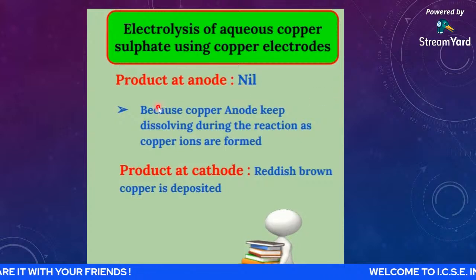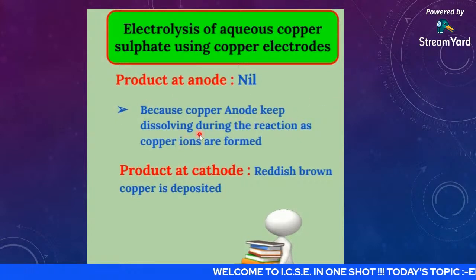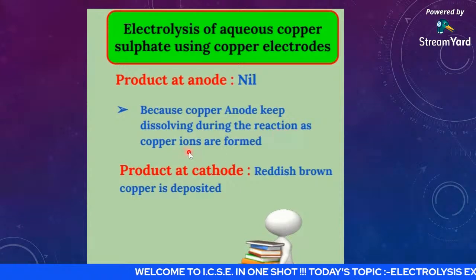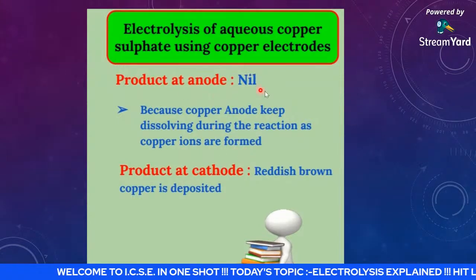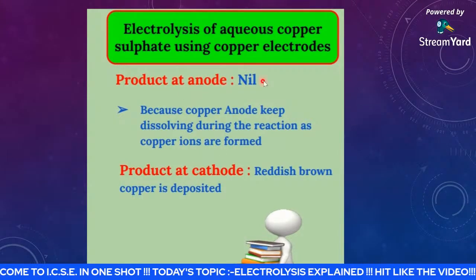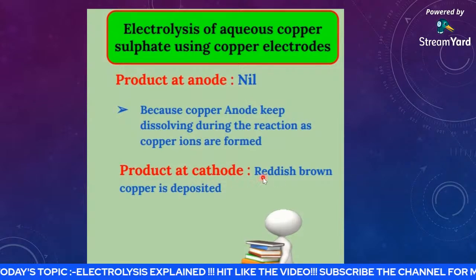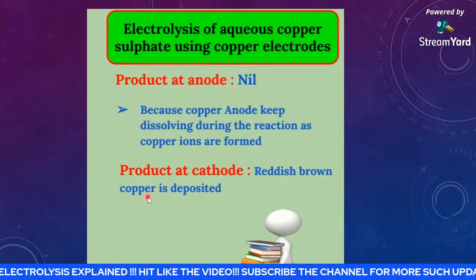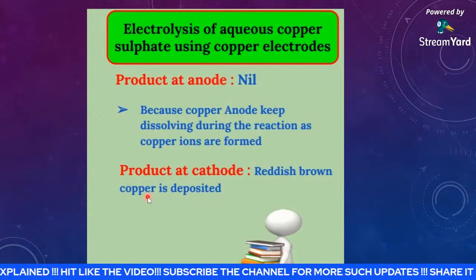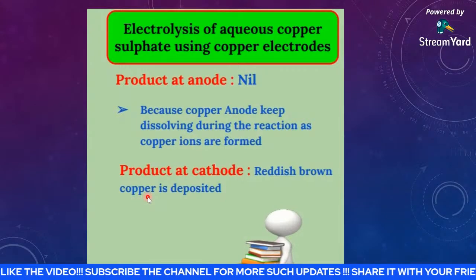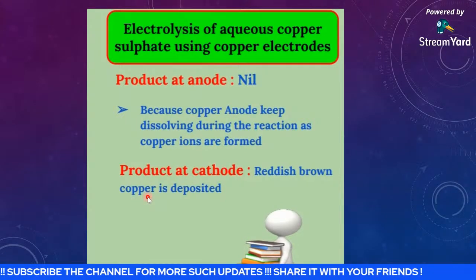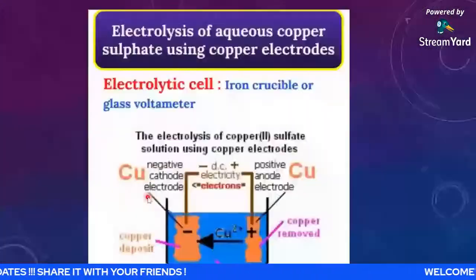Nothing is formed at anode as such, because the copper anode keeps on dissolving in the reaction. We knew that the copper anode is itself getting decomposed, so what would deposit at anode? Nothing. The deposition would be at cathode, which is the reddish brown deposit of copper. Here the copper ion concentration is maintained, therefore the copper sulfate blue color is retained at the end of the reaction. Important observation.